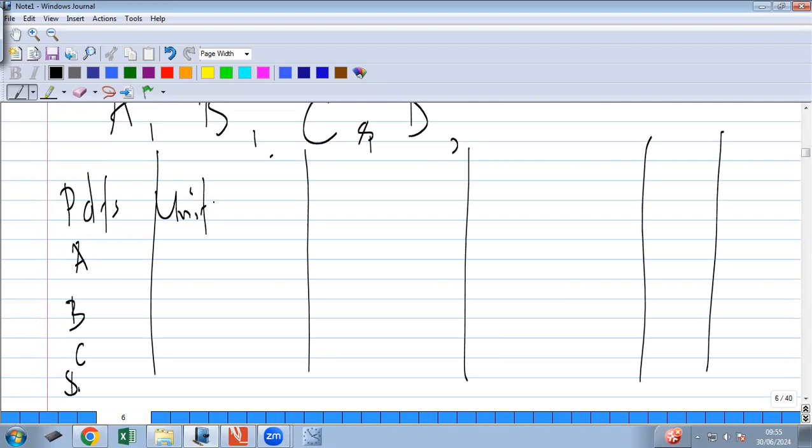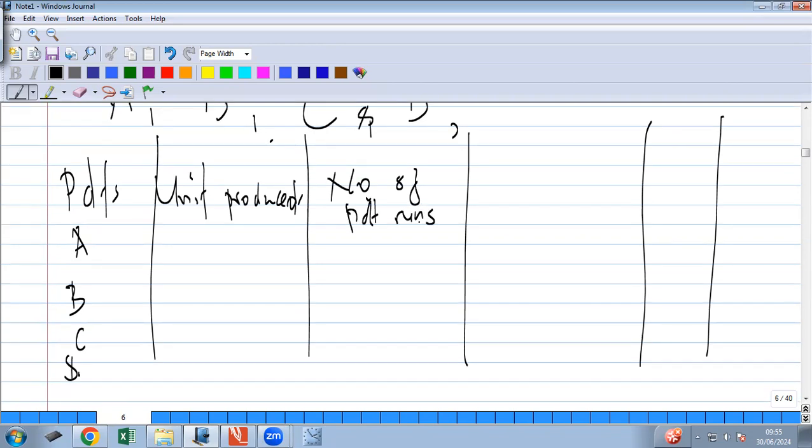So we shall look at the units produced. You can look at the number of production runs. We can have material cost, and this material cost is per unit.